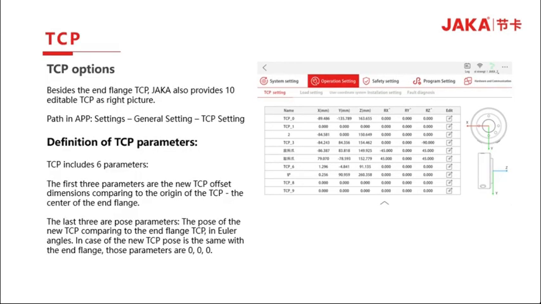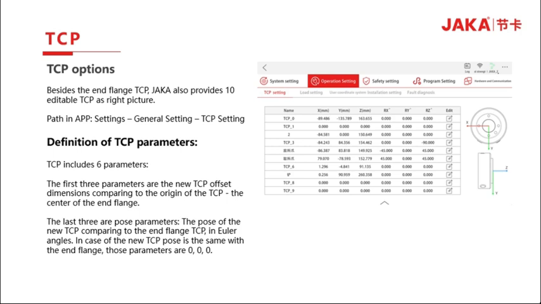Besides the end flange TCP, JAKA Robot also provides 10 more editable tool center points. As shown in the right picture, in the TCP settings of operation setting, we could set up the TCP wanted. There are 6 parameters.